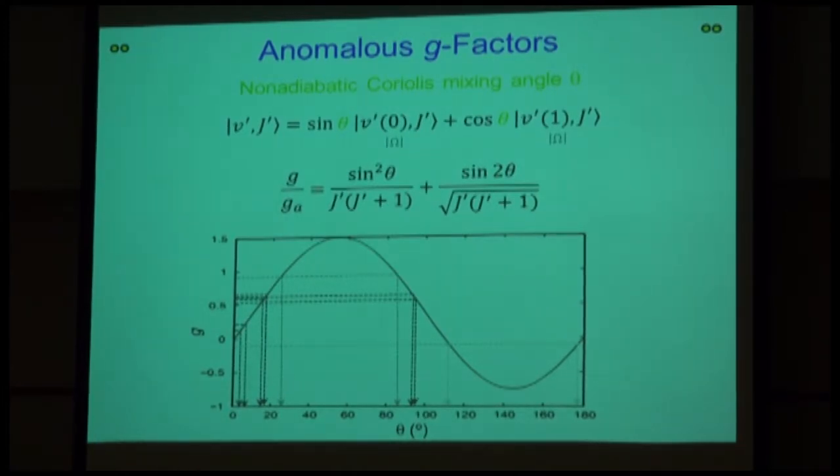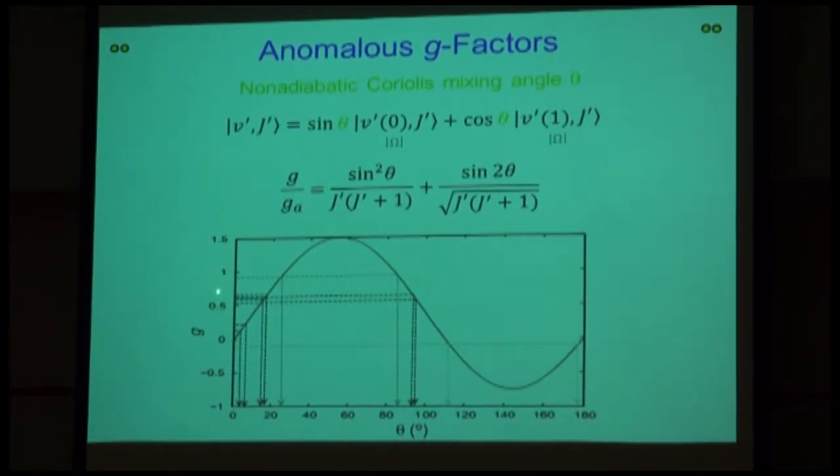So let's say the experiment gives you something like 16 degrees and 95 degrees, and it'll be really obvious from the model which one is correct. So with a slight help from the model, we can resolve which one of the two values is correct for theta.